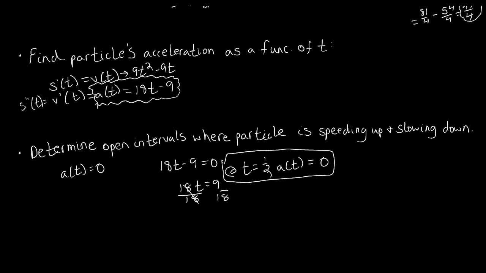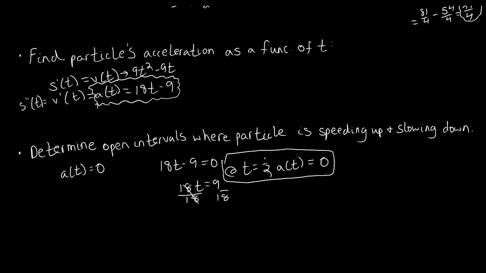Because when the velocity function was positive, that particle was moving to the right in that interval. And when our velocity function was negative, that's where our particle was moving to the left. So for figuring out speeding up and slowing down, now that we've done all that work with velocity, we still need to figure out where acceleration is positive and where it's negative.